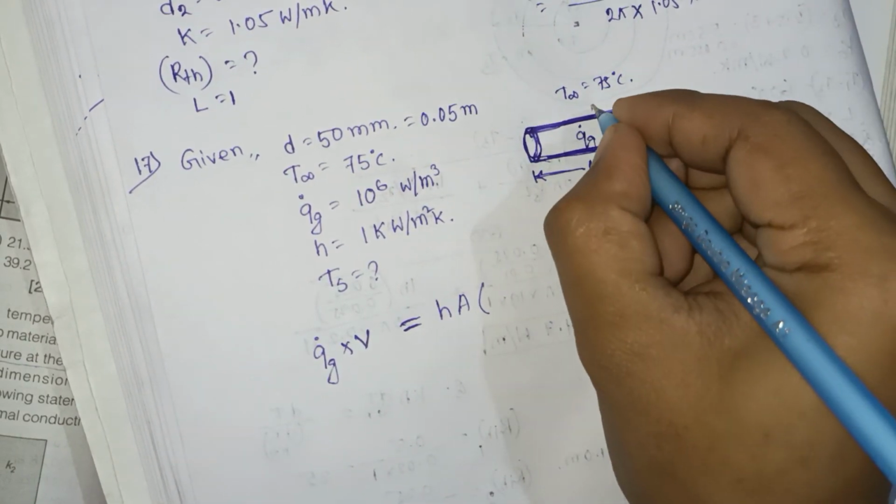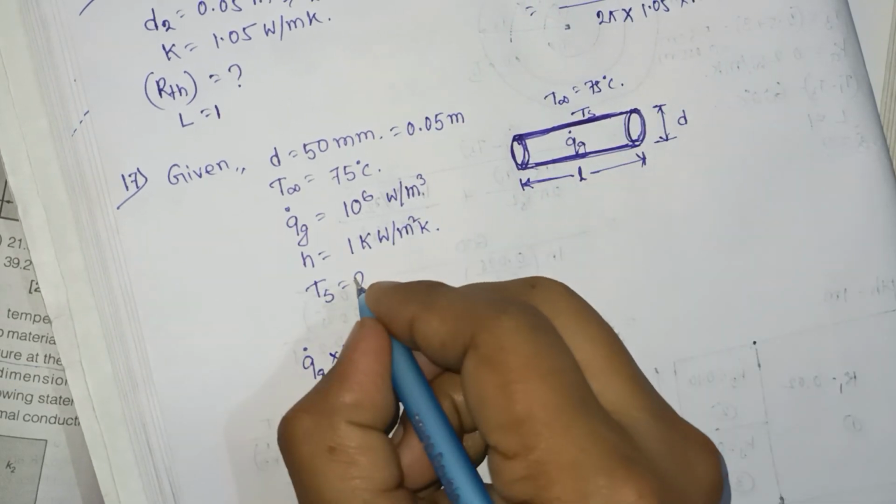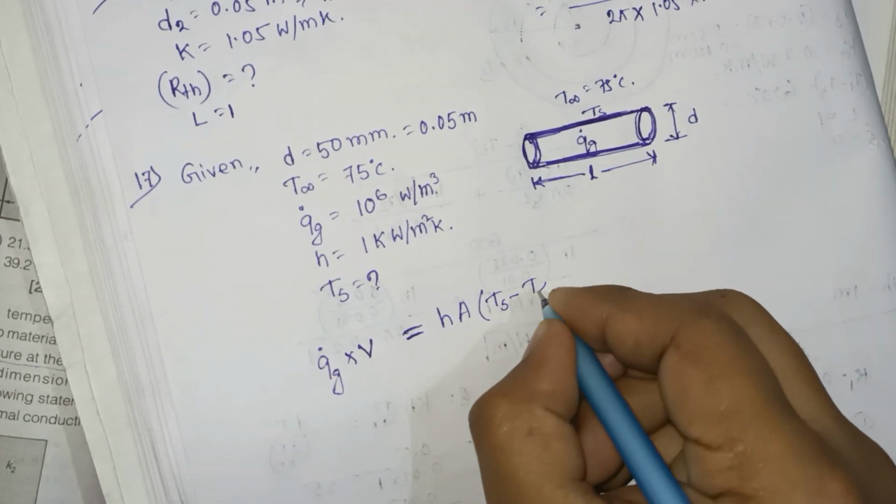Here the wall temperature is Ts, and you have to find out this Ts. Ts minus T infinity.